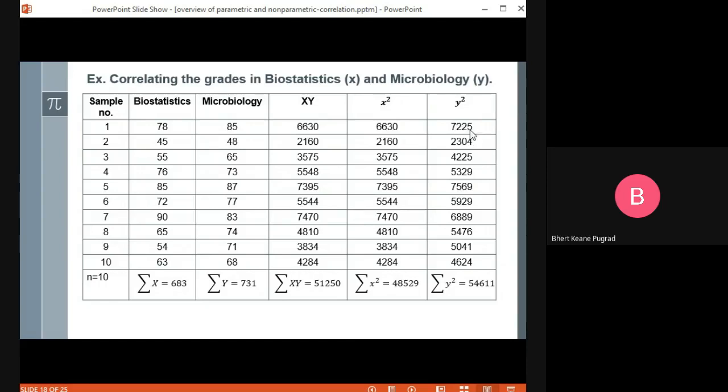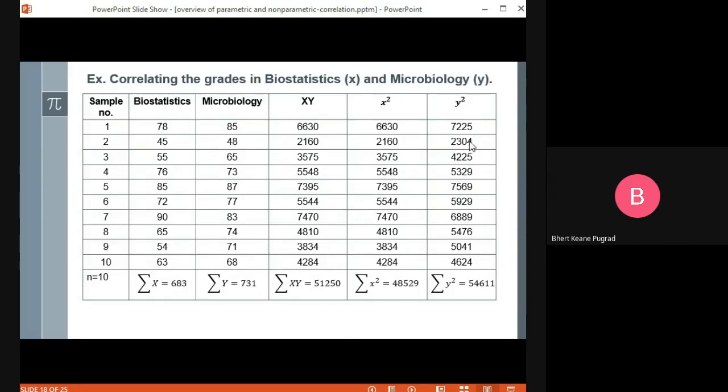How about for the value of y? For the value of y, just continue squaring the scores in the values of y. For example, 85 square, 7,225; 48 square, 2,304; 65 square, 4,225.